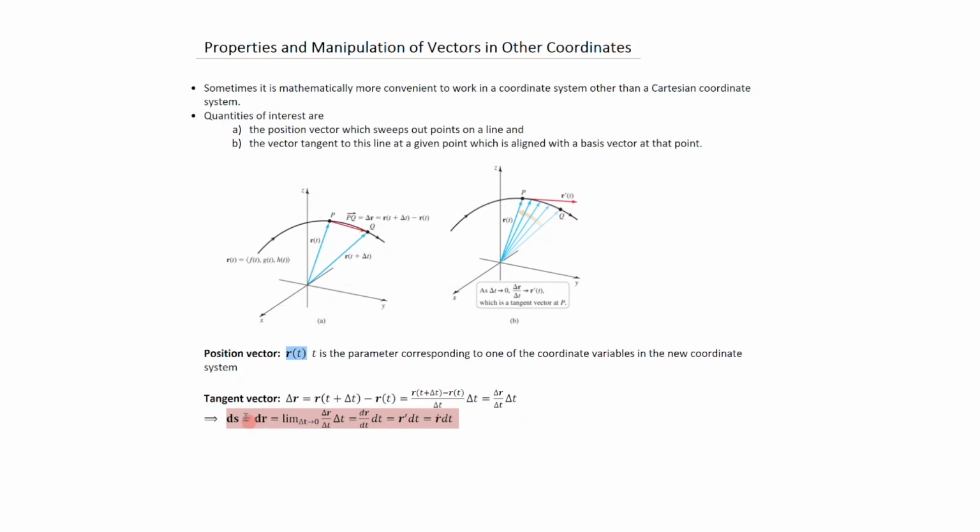Okay, so the tangent vector we can determine relatively simply. If we take the difference between this vector and this vector, then we establish this vector, which in this diagram is PQ. It's called delta r, which is just r of t plus delta t minus r of t.